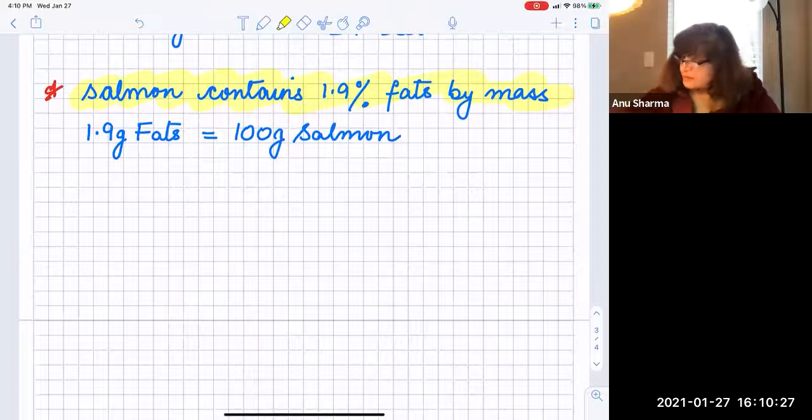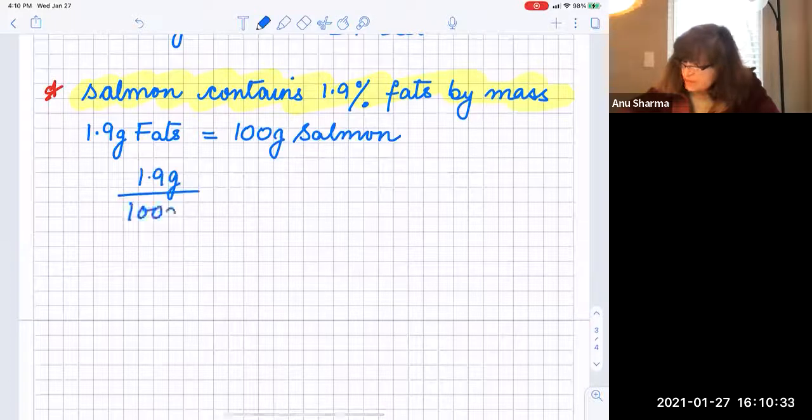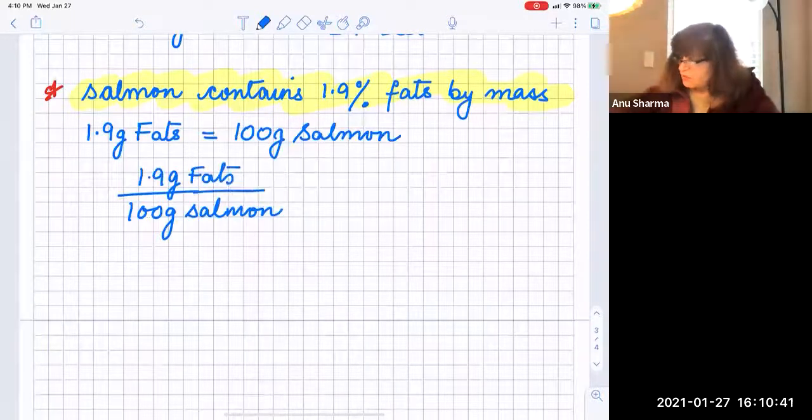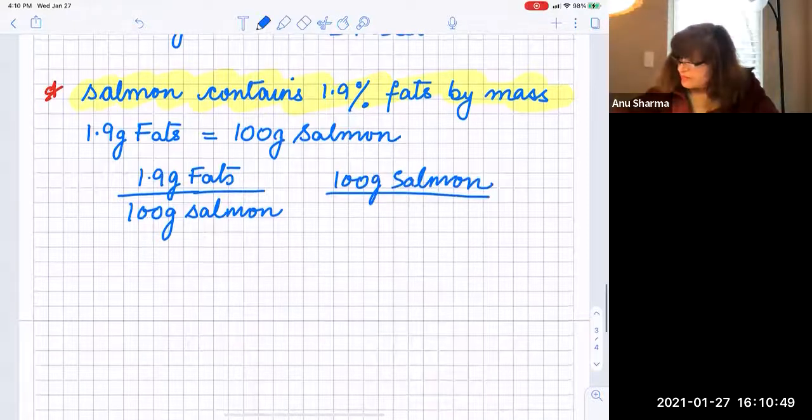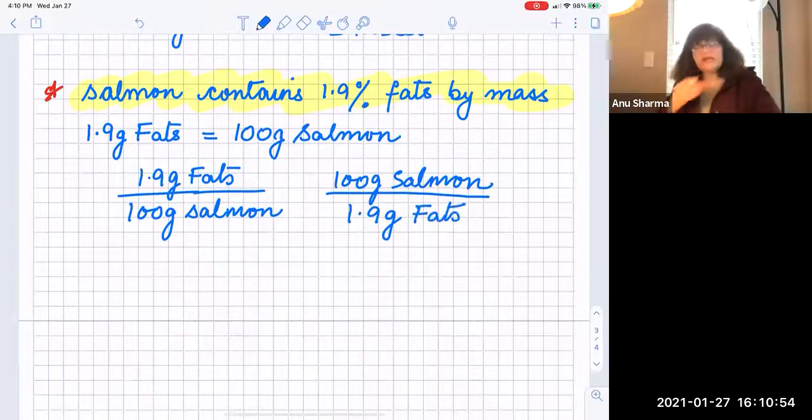Okay. Now you can write the conversion factor easily. 1.9 grams over 100 grams salmon, the total weight of the salmon fish, and 1.9 grams is the fats. Or 100 grams of salmon over 1.9 grams of fats. Okay.